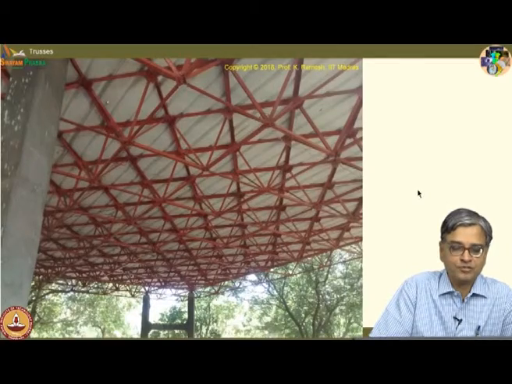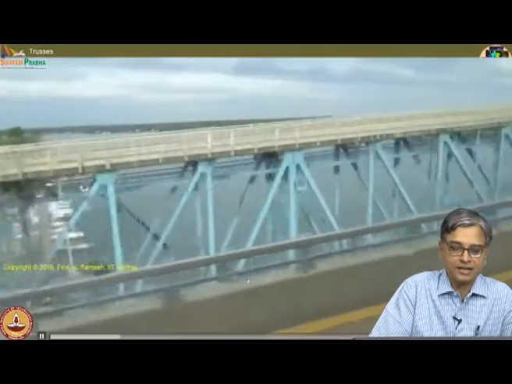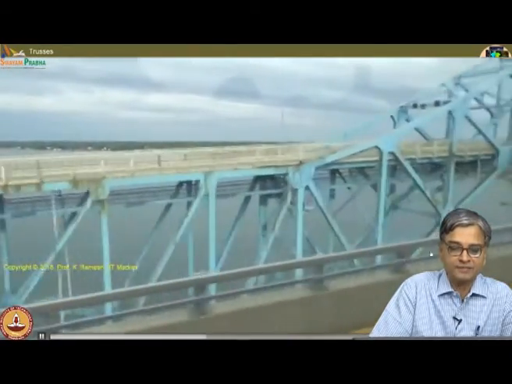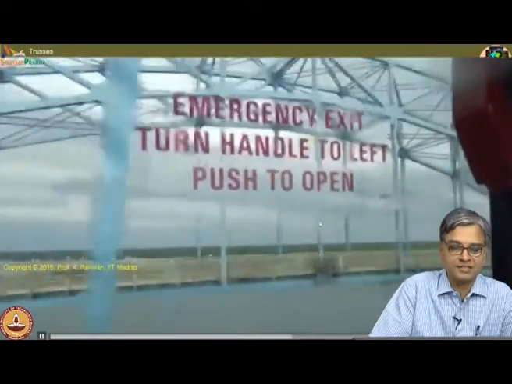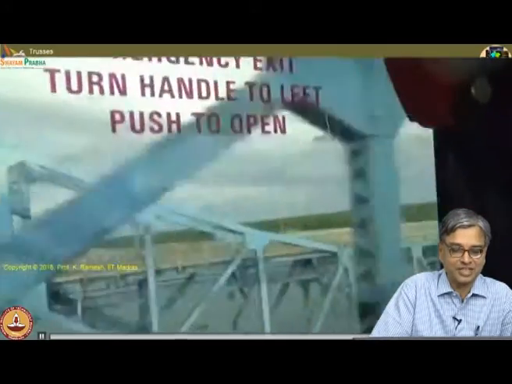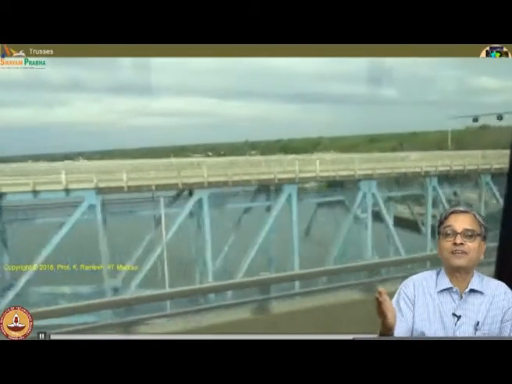And I was amazed to see when I visited Niagara recently, I was traveling in a bus, this complete bridge is welded and it is also in a nice blue color. This is the window in which I am taking the photograph. So, I get this message and it is just 2-3 kilometers away from Niagara.